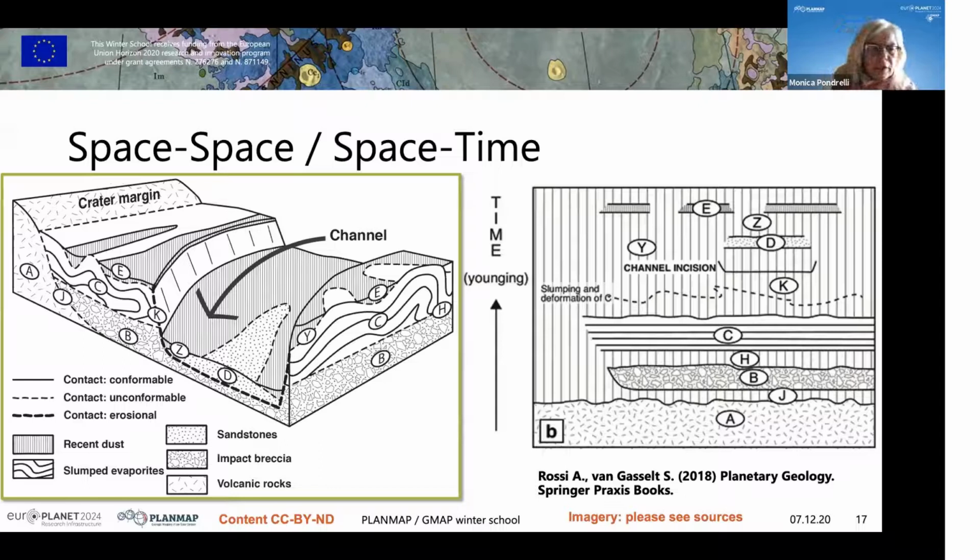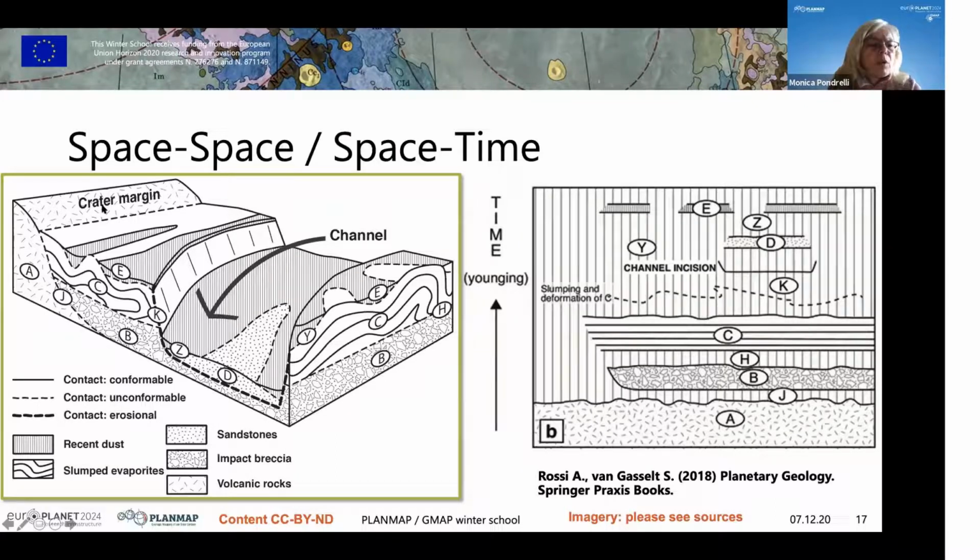Two methods which are complementary in the sense that they emphasize different information. In the diagram to the left is a space diagram. It's a diagram where we reconstruct the geometric relations between the different units.